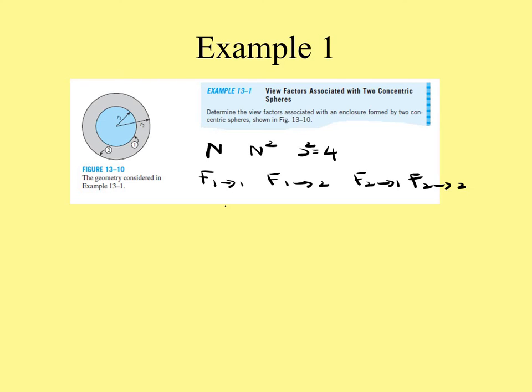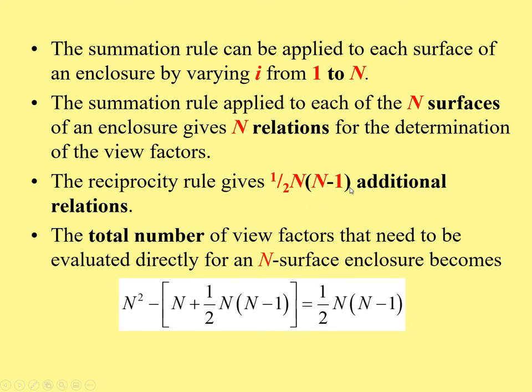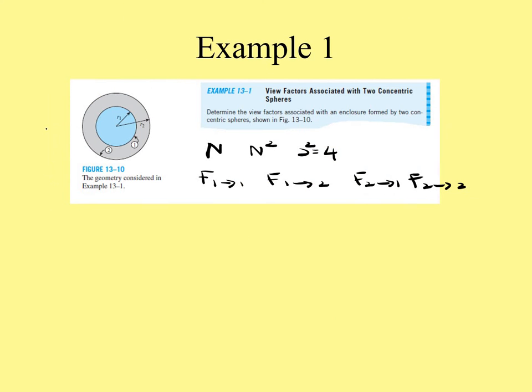Okay, so the first relation that we can use, remember last time I showed you how to calculate the relations. These relations can be used to determine the additional relation that we can use to solve our view factors.